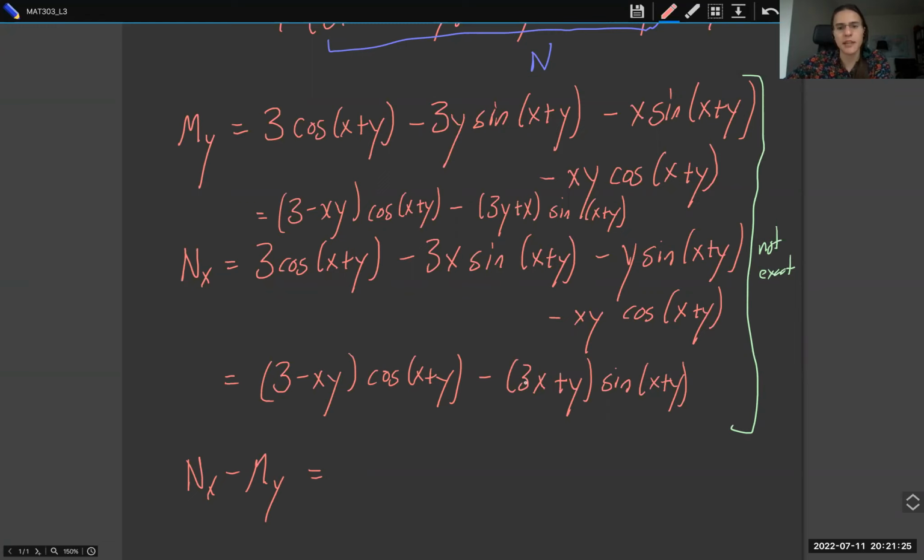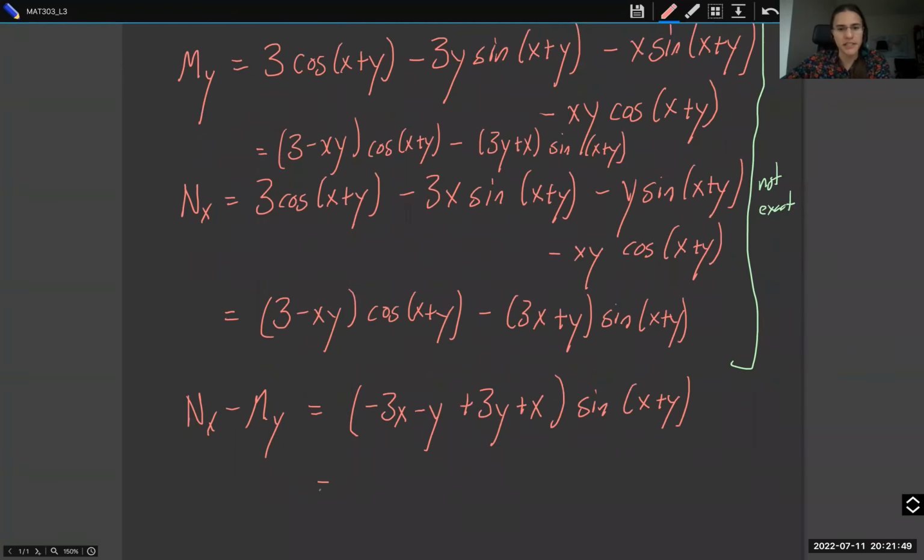And so basically what we get is minus 3x minus y plus 3y plus x sine x plus y, which is equal to 2y minus x sine x plus y.